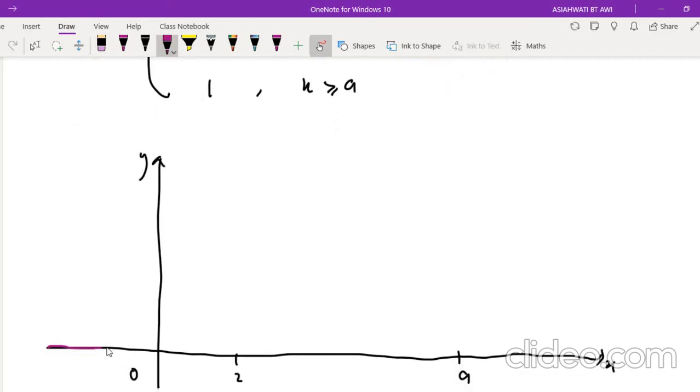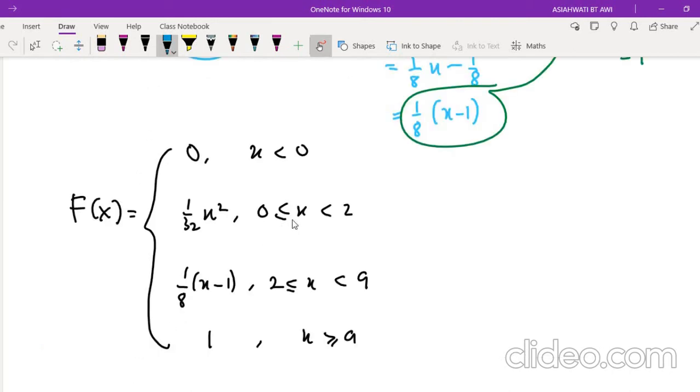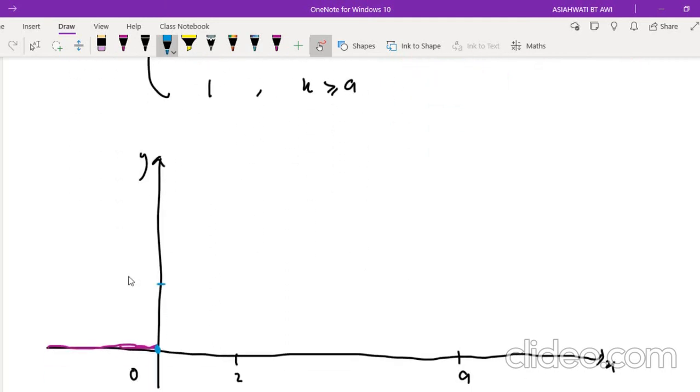For the second piece, substitute 0 and 2: 4 over 32, which is 1 over 8. So from 0 to 1 over 8, this is a quadratic curve. When x equals 2, y equals 1 over 8.